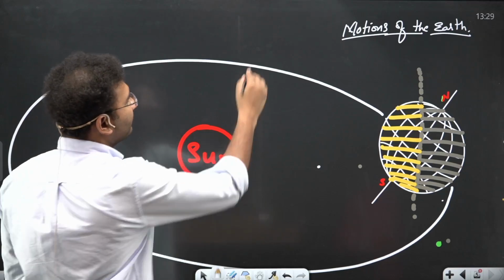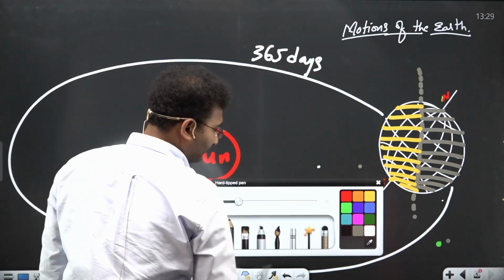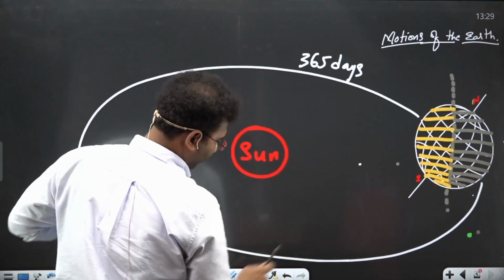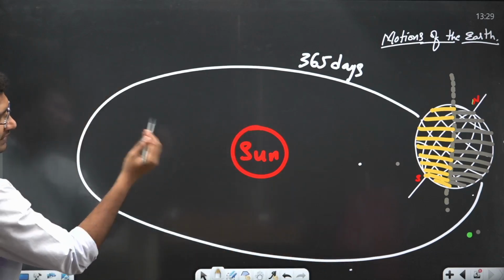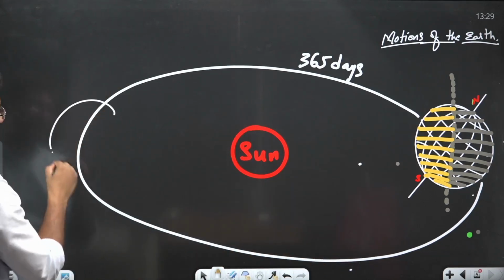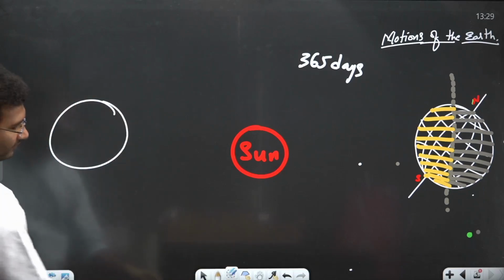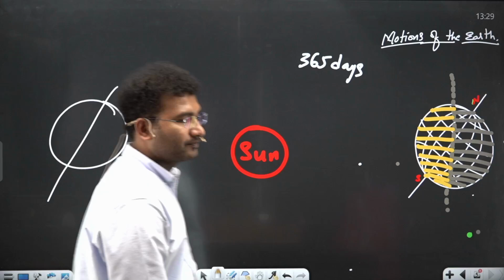It takes 365 days. Sometimes the same earth might be here as well. Let's imagine our earth might be here, right? Let me take this orbit off so that it will become easy, right? Now look at this axis.